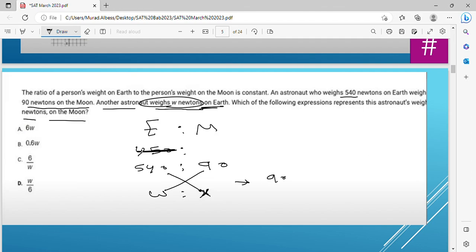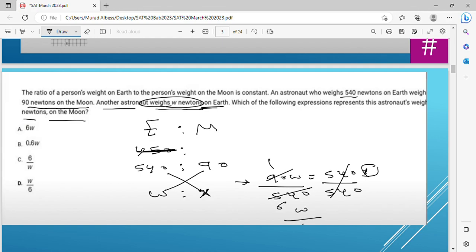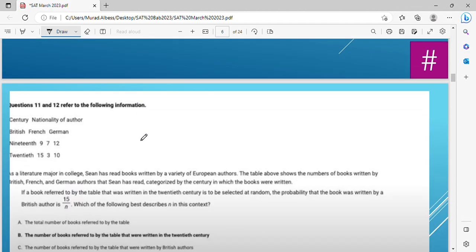So 90 W equals 440 X. I'm looking for X, so I will divide by 440. When we simplify it, this is 1 and this is 6, so it's W over 6. So X equals W over 6. That's the answer. Next question.